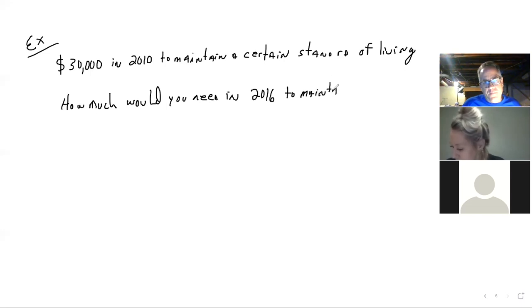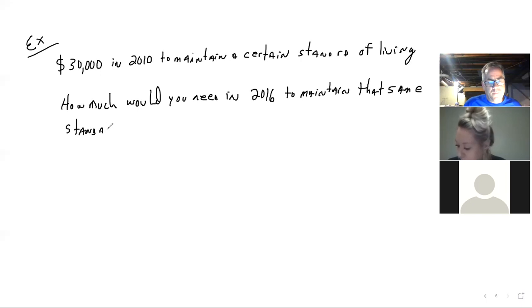to maintain that same standard of living. So what I would need is the CPI for 2010, and I would need the CPI for 2016.